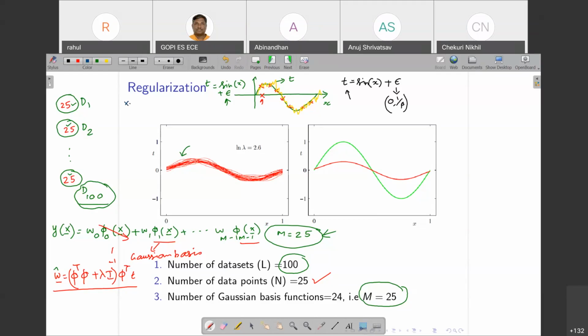You have x1, for example, and then you have the observation t1, and x2 with t2, and so on up to x25 and t25. Then you keep continuing with x26 and t26, and it goes all the way up to x50 and t50. You keep on collecting like this, up to x2500 and t2500.